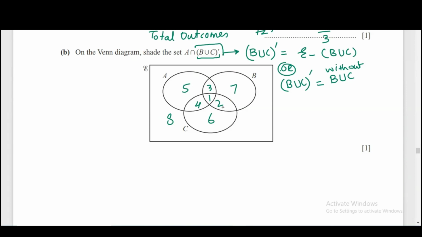So first find out B union C complement, which is 5 and 8.